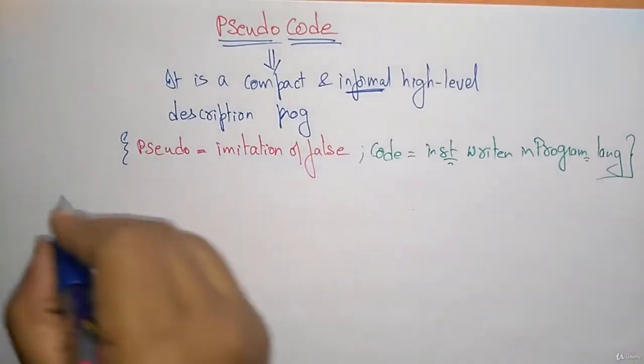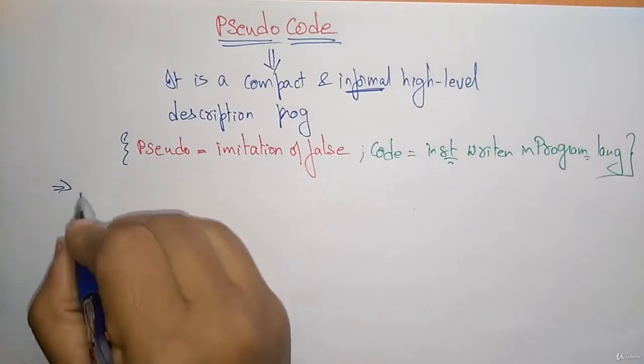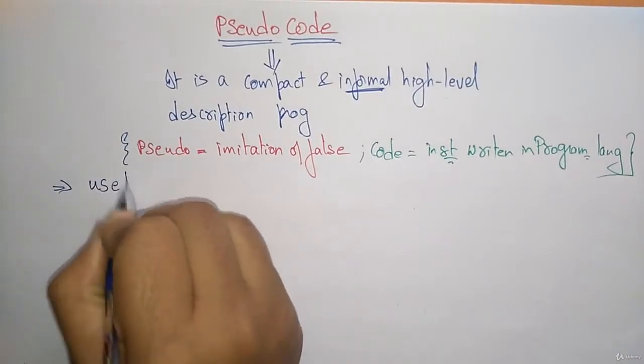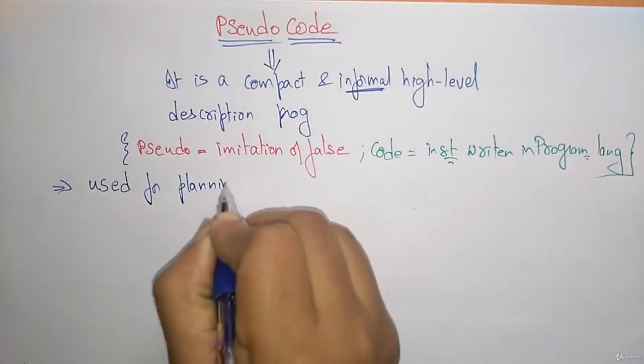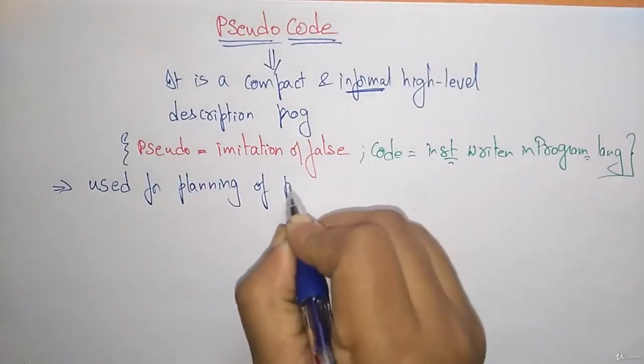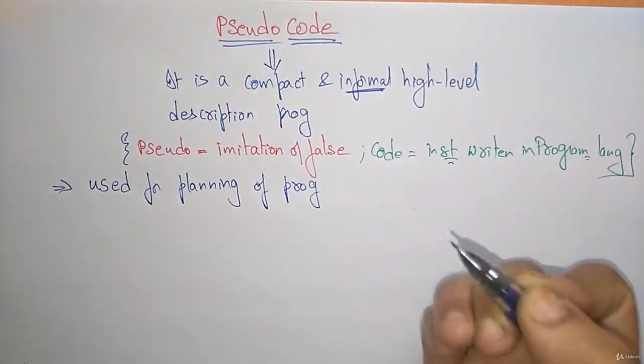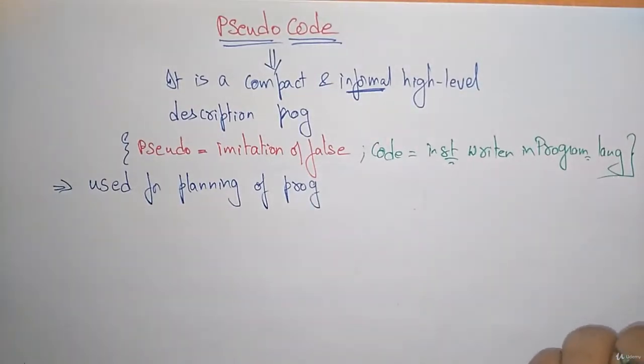Where do we use pseudocode? It is used only for planning of a program. I already said, to plan any program, if you want to write any program, it's better to write it first in pseudocode.